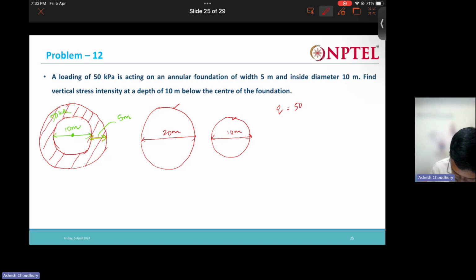So q is 50 kPa, our outer radius R0 is 10 meter, our inner radius, not diameter, radius, R i is 5 meter. This is the radius I am writing. And z is 10 meter.